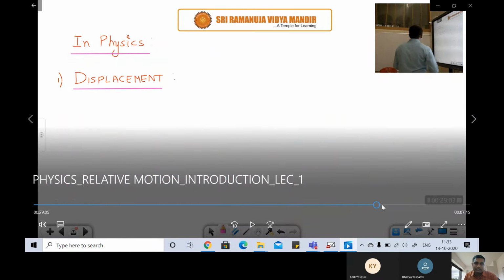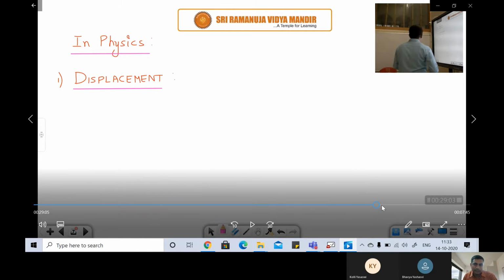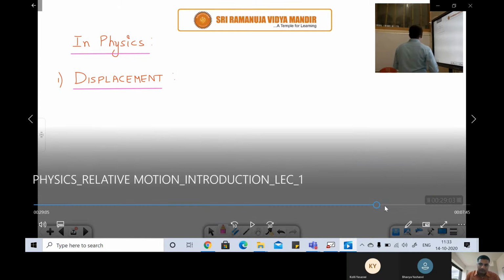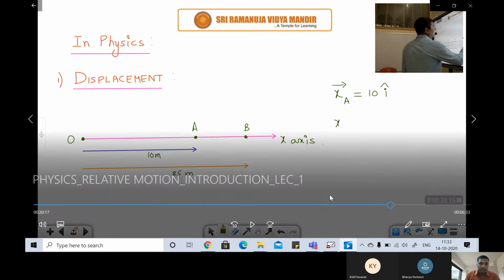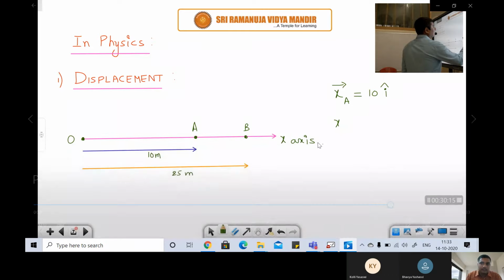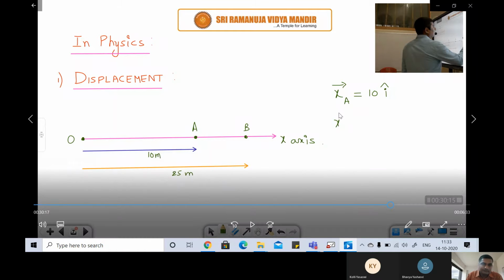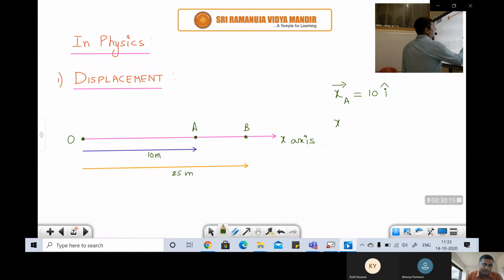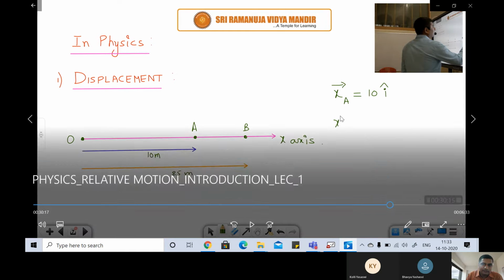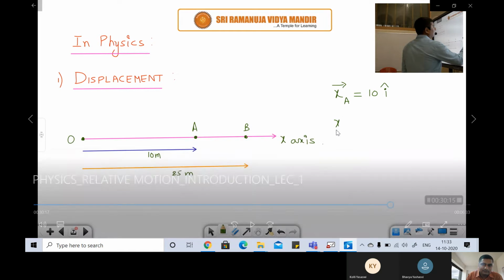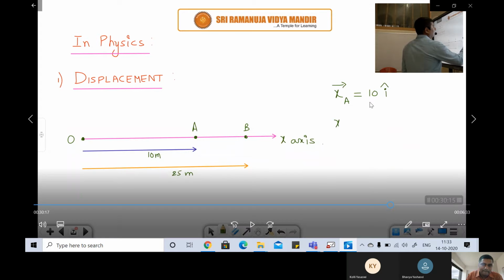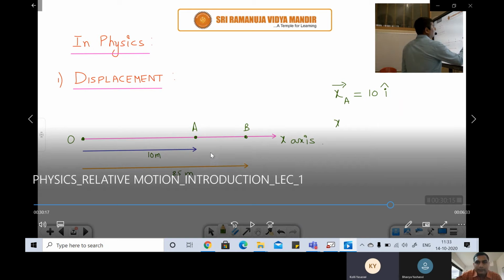Now, in terms of physics, what is the first quantity we learn? Displacement. Suppose point A is at 10 meters and point B is at 25 meters. What is the position of A? 10 meters.